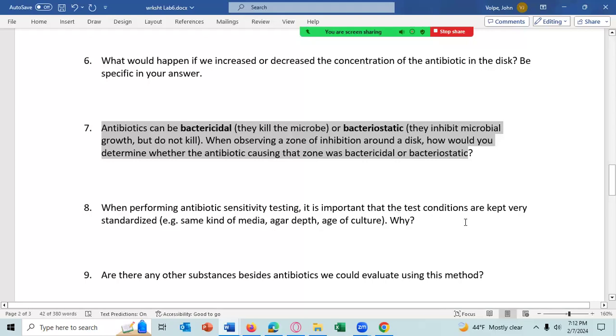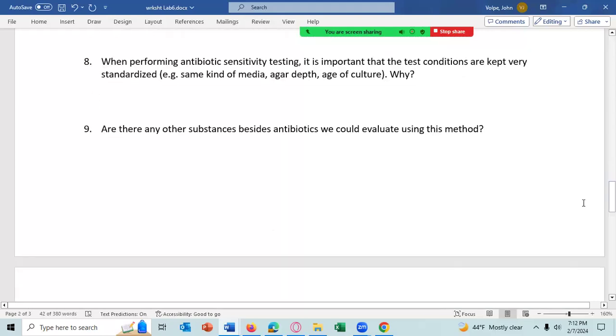So discuss why. 9: are there any other substances besides antibiotics that we could evaluate using this method, meaning the Kirby-Bauer disk diffusion method? And you should state at least one use, like something that you're testing using the Kirby-Bauer disk diffusion method that is different than testing an antibiotic.